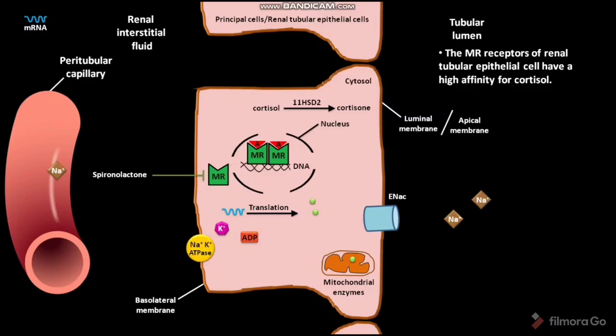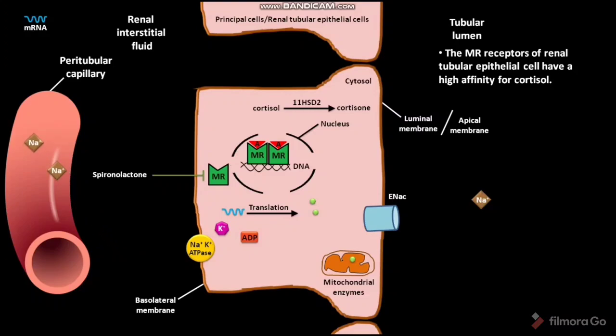The Na+ ion present in the tubular lumen rapidly diffuses through ENaC into the cytosol, and from the cytosol it moves through Na+ K+ ATPase and reaches the renal interstitial fluid. From the renal interstitial fluid, it moves to the peritubular capillary.